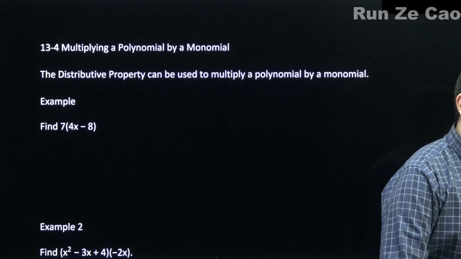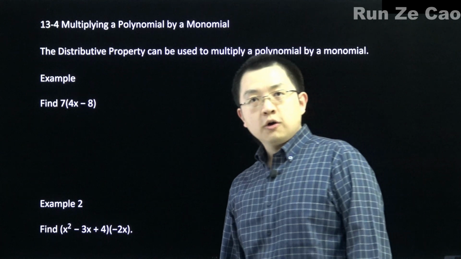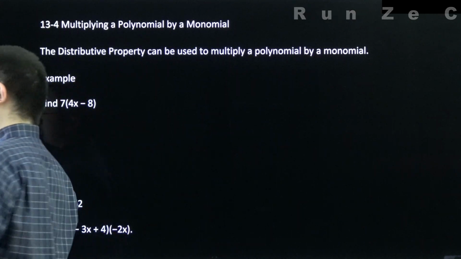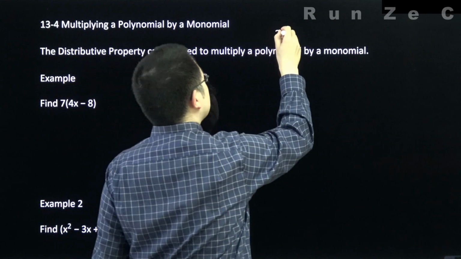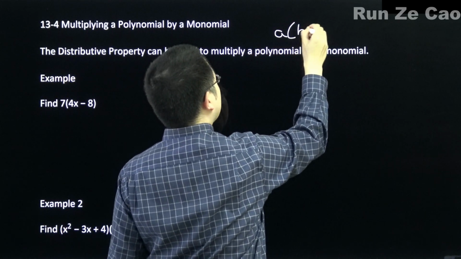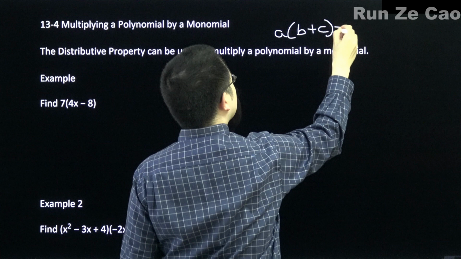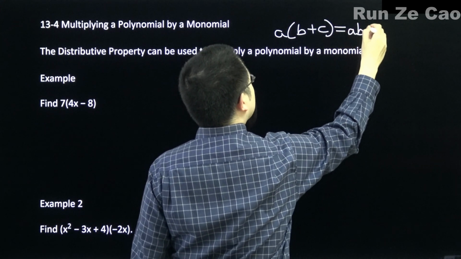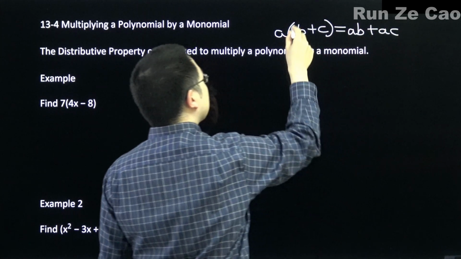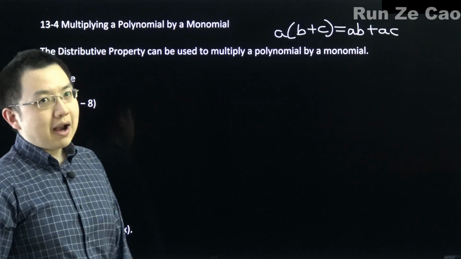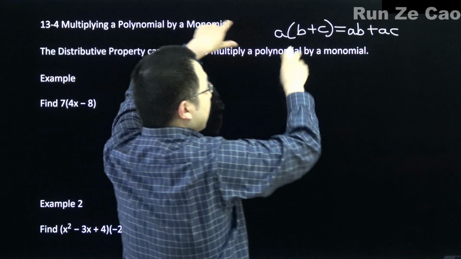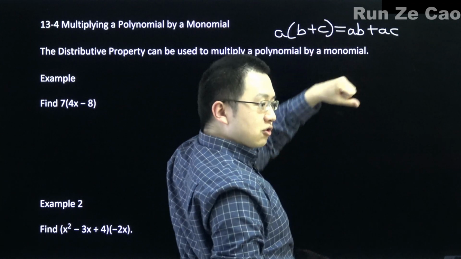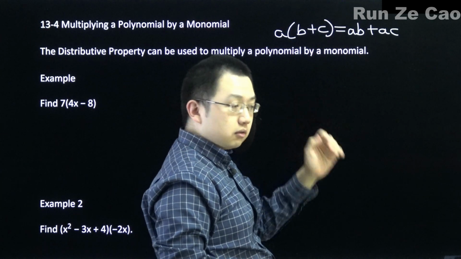What happens when you multiply a polynomial by a monomial? Well, you can use the distributive property, which is given algebraically as a times b plus c equals ab plus ac. In other words, when you're multiplying a bracket by something else, so multiplying a group by something, each member of that group is multiplied by that something.